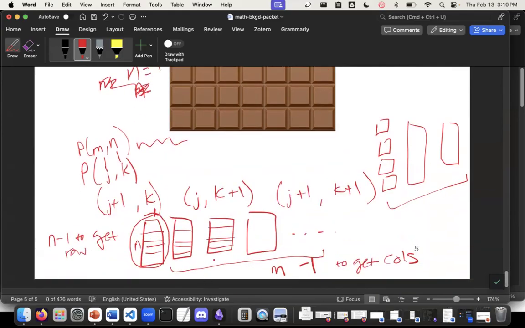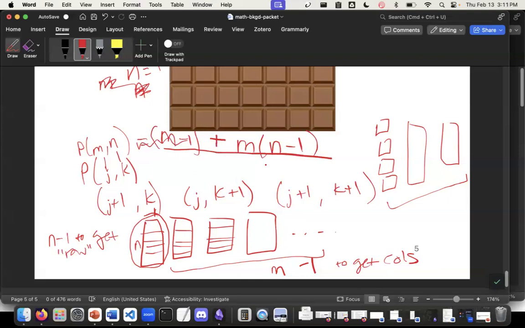Okay, so I am going to give it away. It's going to look something like M minus 1 plus M times N minus 1. In this case, we broke it into columns first, and then we break off the individual pieces for the quote unquote rows. To do that, we got M minus 1 plus M times N minus 1.